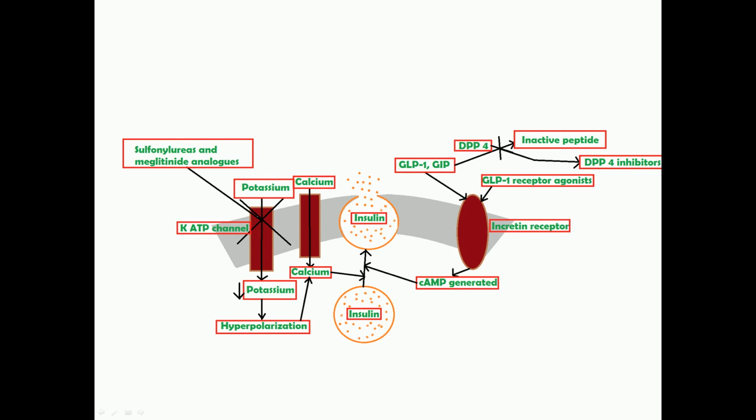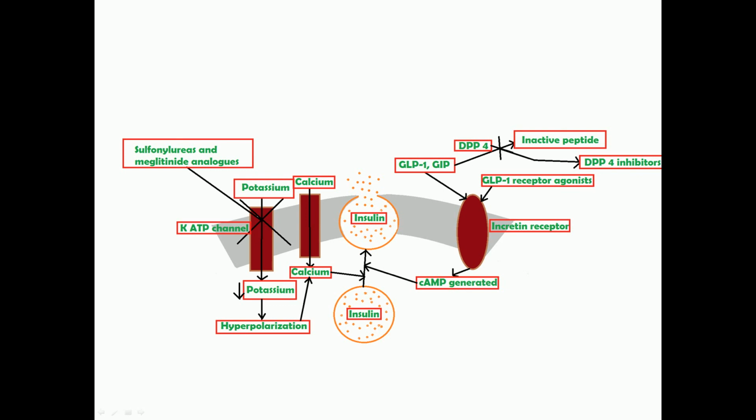Now in the body normally there are few substances known as GLP-1 and GIP, which are helpful in secretion of insulin. They stimulate secretion of insulin. However, there is one enzyme known as DPP-4 which will break down the GLP-1 and GIP into inactive peptides. So what we are doing is giving a drug known as DPP-4 inhibitors.